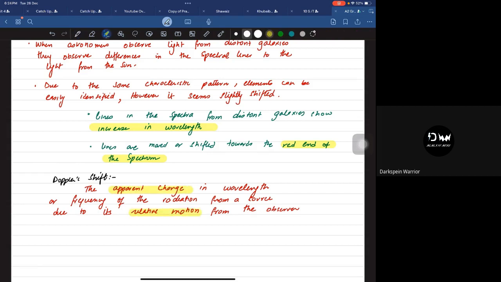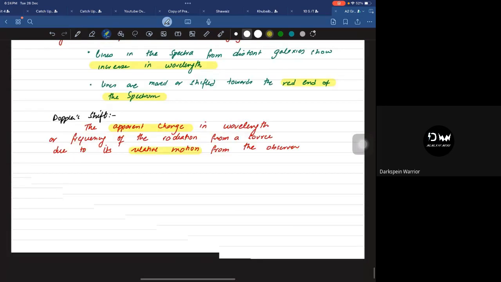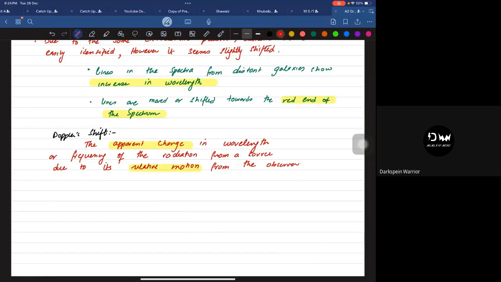Now, we have two kinds of shifts: red shift and blue shift.